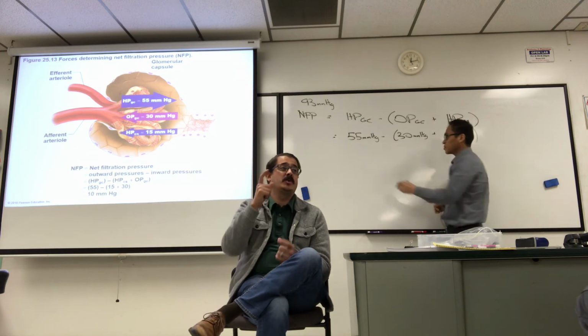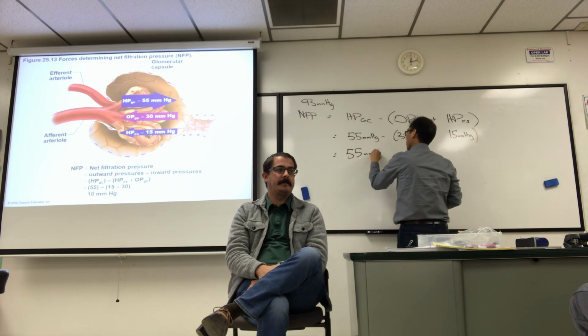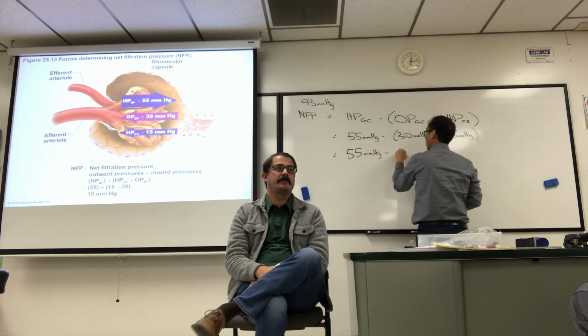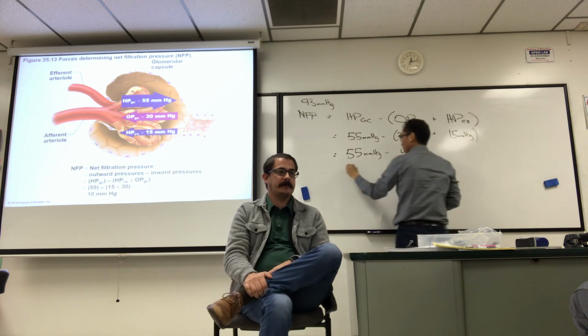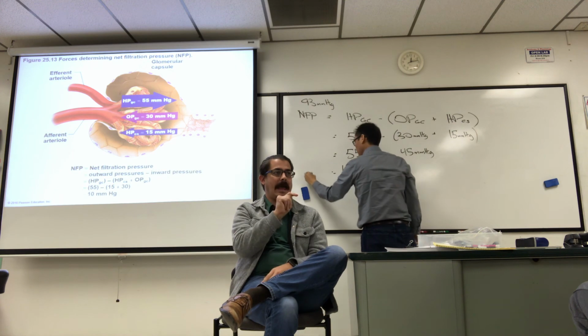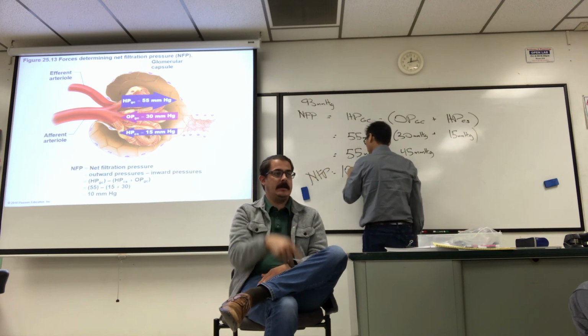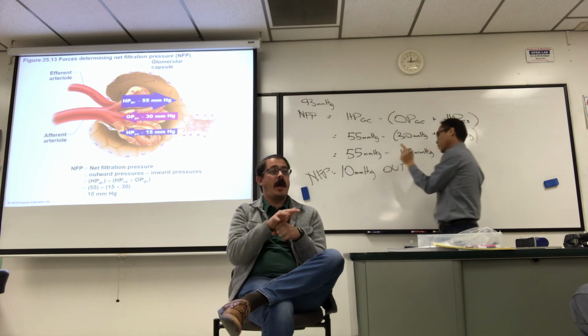And it is. Let's just do the math. 55 millimeters of mercury minus 45. Outward minus inward pressures. You get a net of 10. NFP, 10 millimeters of mercury. So you have enough to force fluids out.